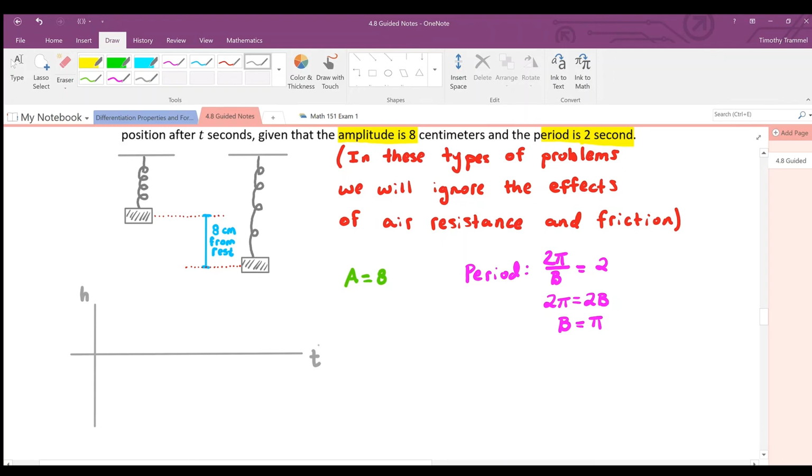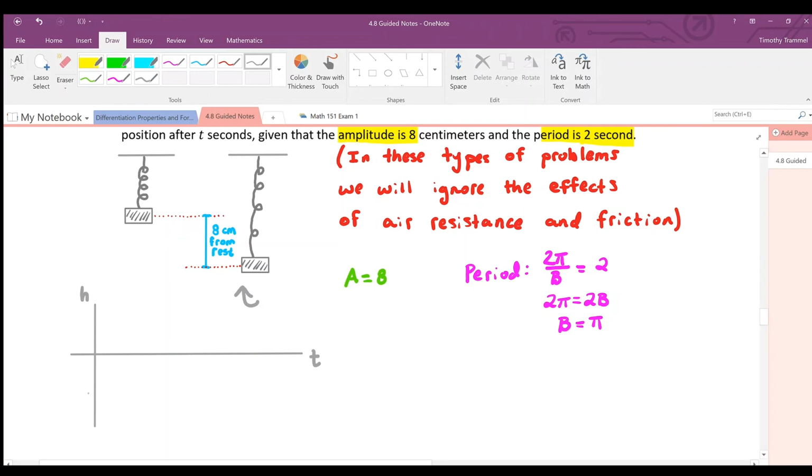Okay. Now, let's think about where we're going to begin, and that should be at the bottom here, right? The way that we're starting this problem is we pulled down that weight, and the moment we release it, that's when we're starting to record the height, okay? So at that moment, we should be at the very bottom here.